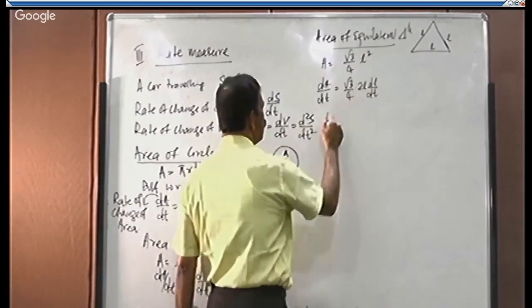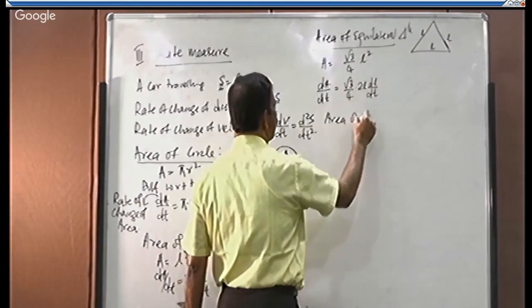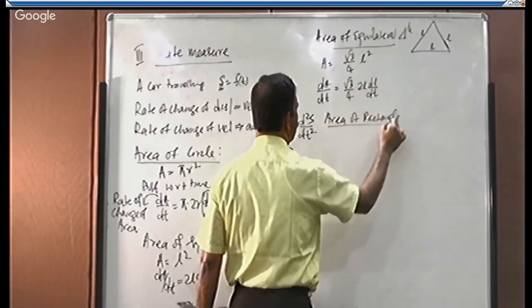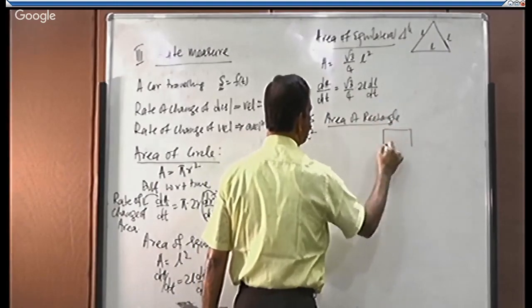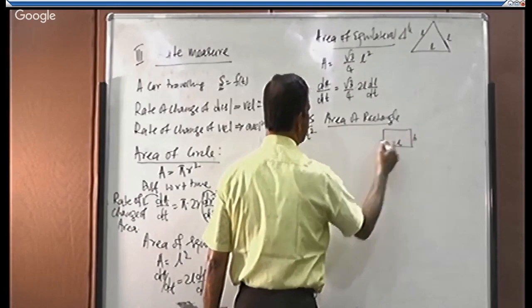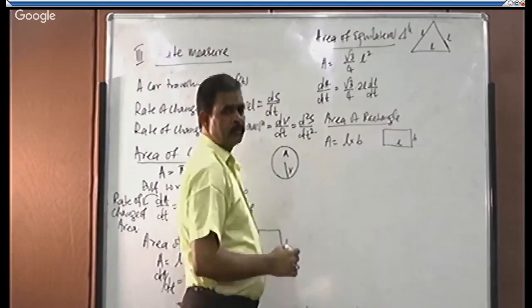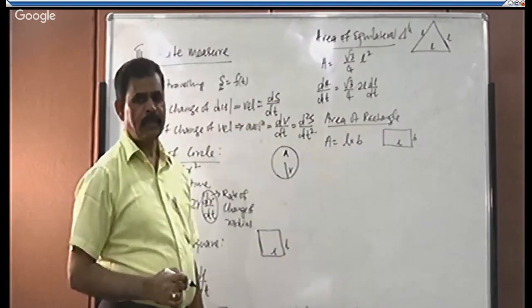Right? Area of rectangle. What is a rectangle? It will have its length L and breadth B. What is the area of a rectangle? Length into breadth, the product of length and breadth.